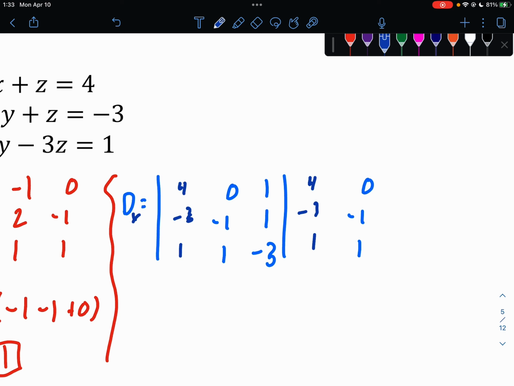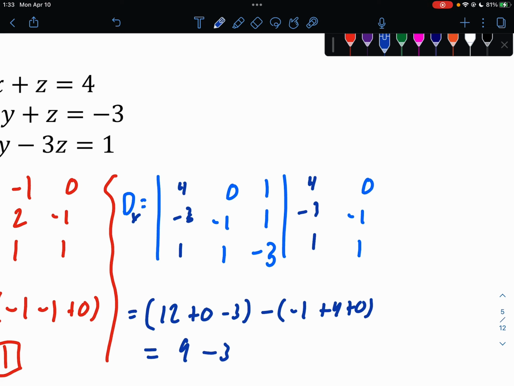All right, so dx is going to equal 12 plus 0 minus 3 minus -1 plus 4 plus 0, which is 9 minus 3, or 6.